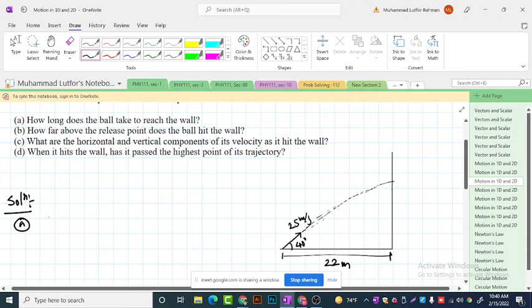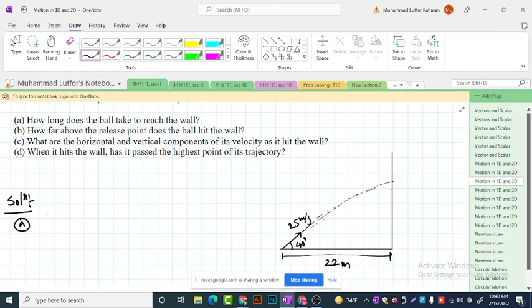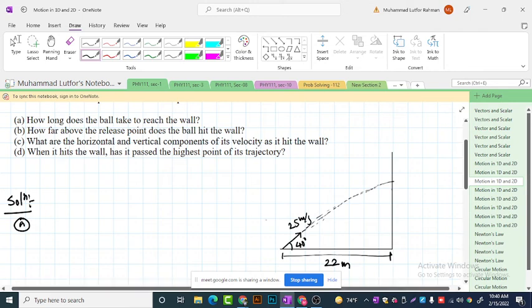Now don't think about my intention to ask this question. If you think they are asking for the time to reach maximum height, that's not going to work, because you do not know when the ball strikes the wall whether it was at its highest point on its trajectory or had passed it.